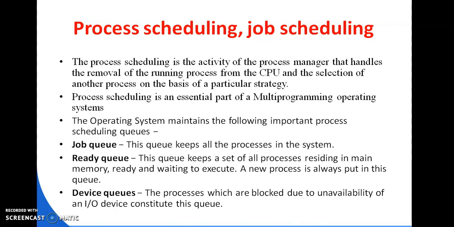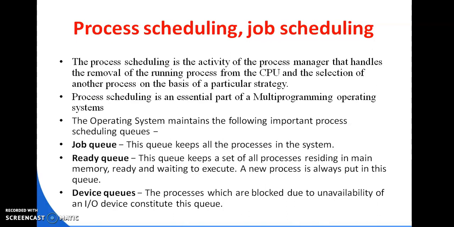The operating system maintains all PCBs in process scheduling queues. The operating system maintains a separate queue for each of the process states, and the PCBs of all processes in the same execution state are placed in the same queue.